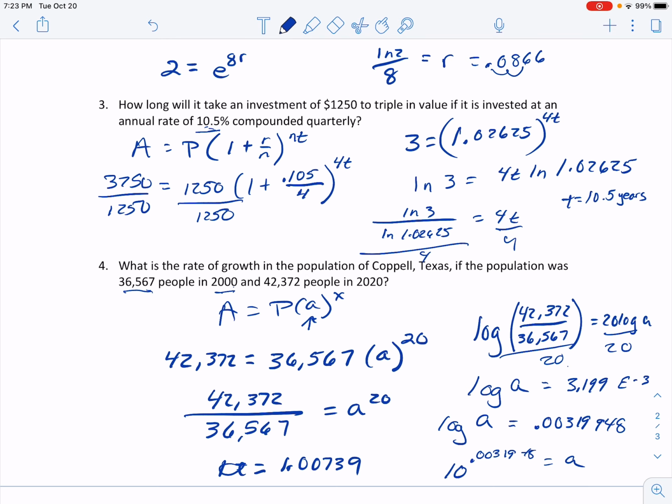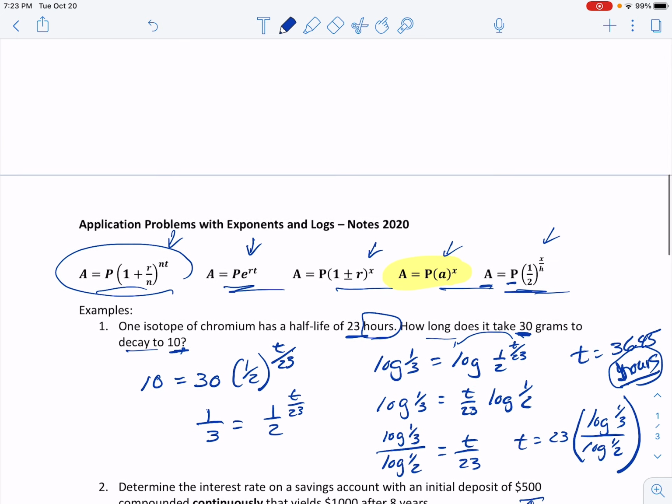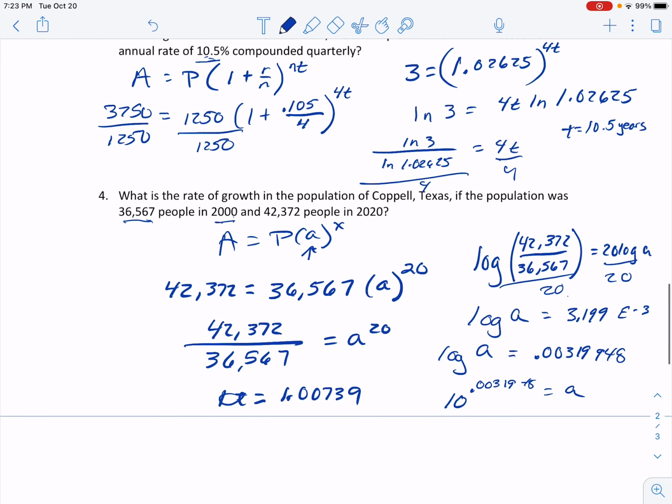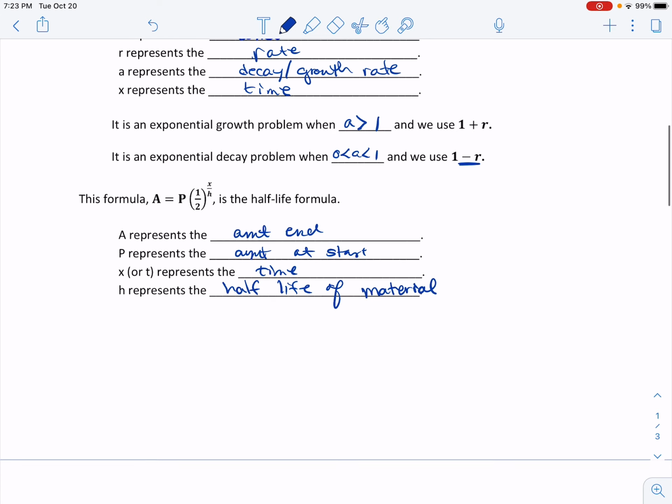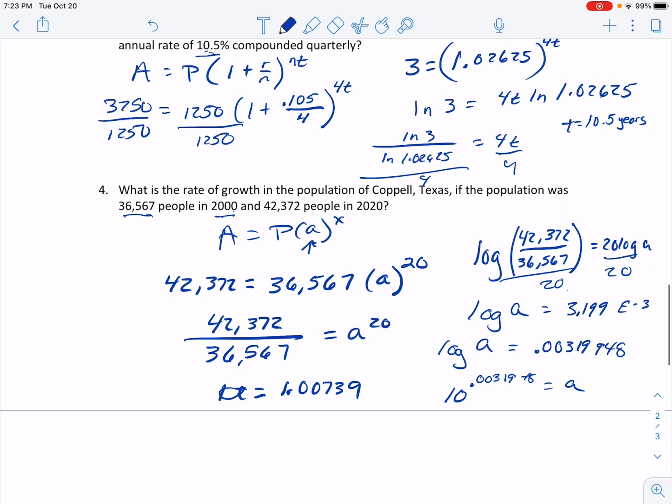So you subtract the 1, that's where this comes from up here. That 1.0073 represents this, because it's growing. So you take away the 1 to figure out the r. So r is equal to 0.00739, or 0.739%. It's the growth rate.